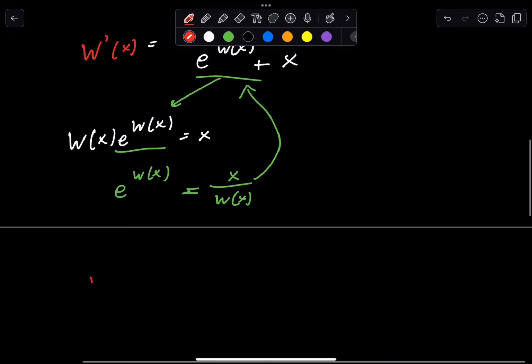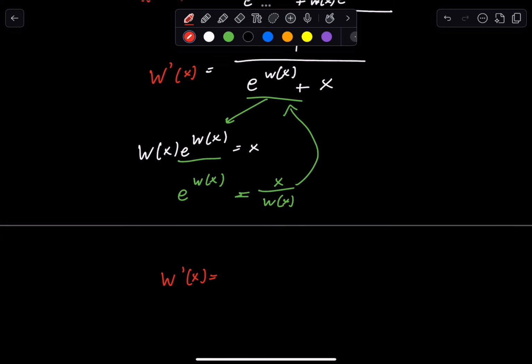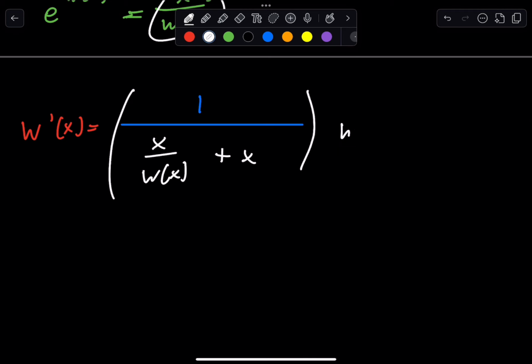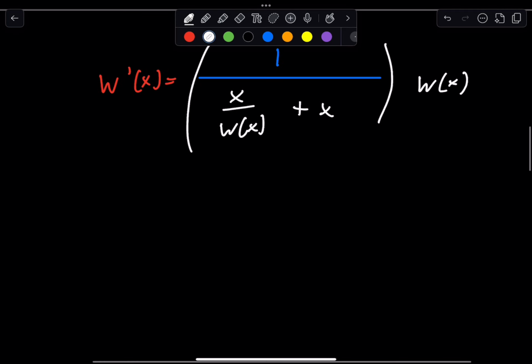And ladies and gentlemen, that means W prime of x is equal to 1 over x over W of x, which we substituted for e to the W of x, plus x, because we just brought that down and copied it over. Now we can simplify and multiply this entire thing by W of x to remove that weird fraction in the denominator.